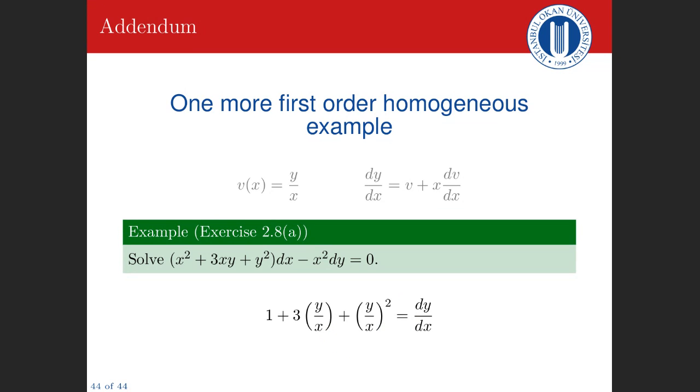We get 1 plus 3y/x plus (y/x) squared is equal to dy/dx. Let me just put dy/dx on the left. This is the same as dy/dx is 1 plus 3 y over x plus (y over x) squared.